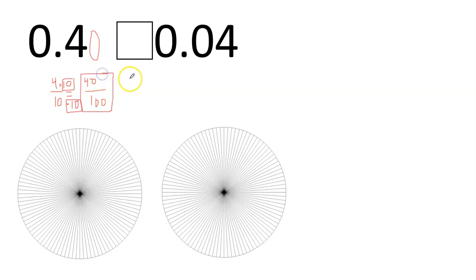That's how you create an equivalent fraction. And now we can compare 40 hundredths to 4 hundredths. So once again, it's going to be the same amount. Now I'm just approximating because I'm not going to actually color in 40 of these, but that's about 40 right there. And then we're going to compare this to 1, 2, 3, 4 hundredths over here. And 41 hundredths is much larger than 4 hundredths.